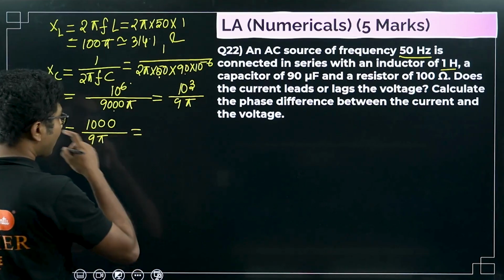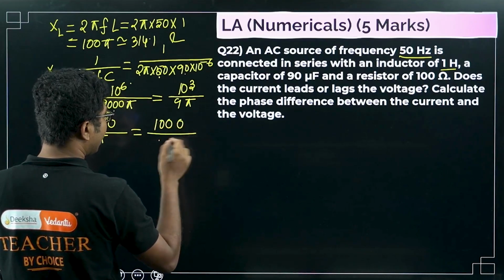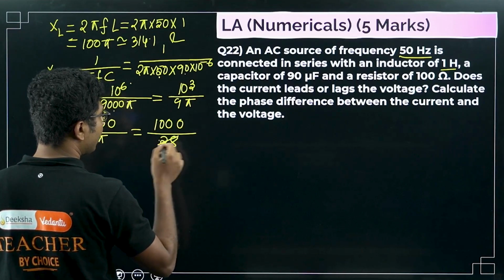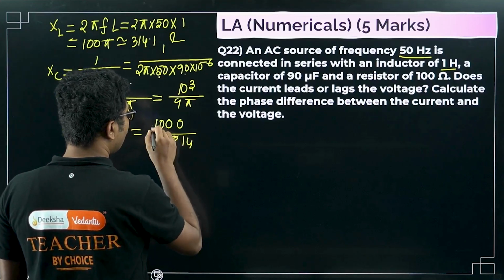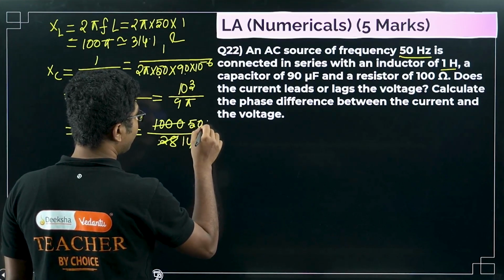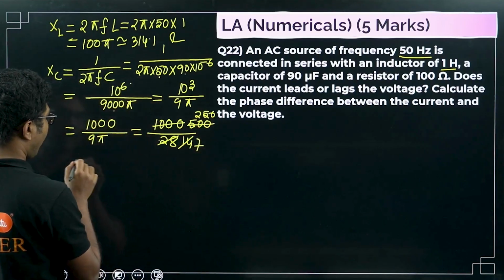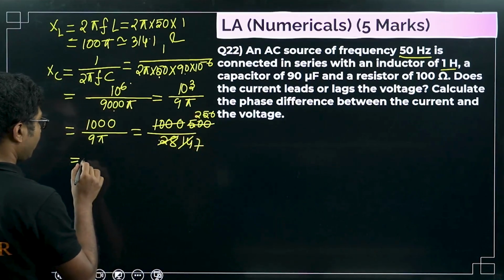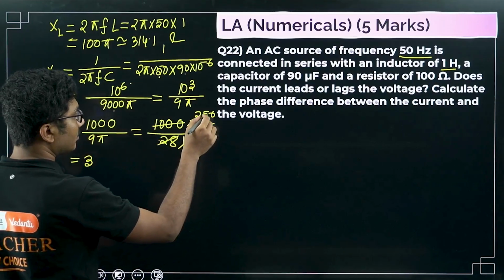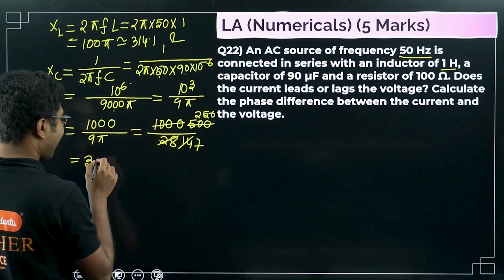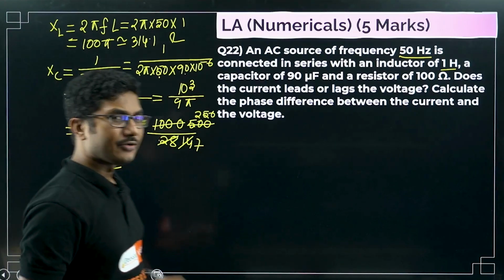It will be approximately 1000 divided by 28, so it will definitely be less than this value. The approximate value is about 36 ohm.